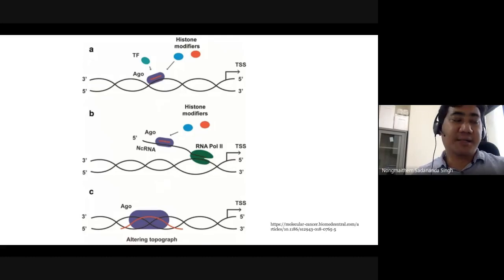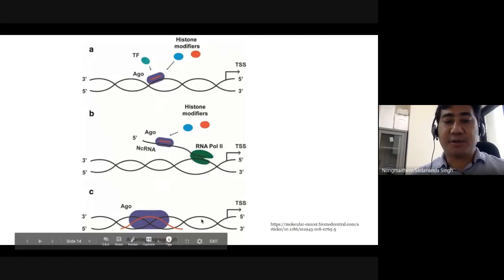Rather than a duplex, it can change to a quadruplex structure, or the structure of that genomic region is changed. So by changing the topology of the chromatin structure or the genomic site, it can change the transcriptional status. It can activate or it can inhibit the expression of that particular gene.